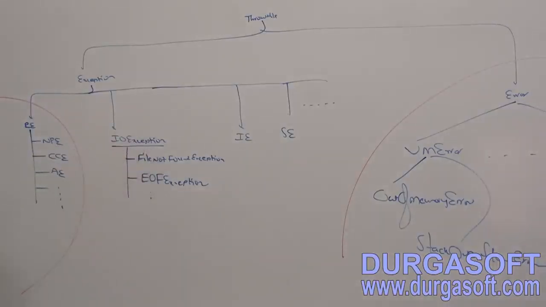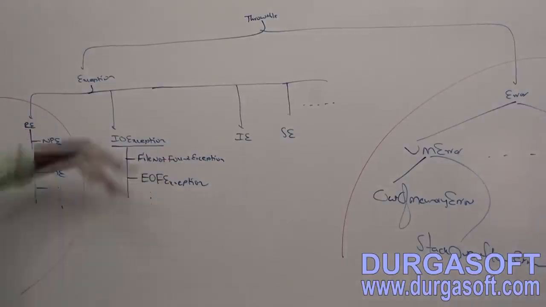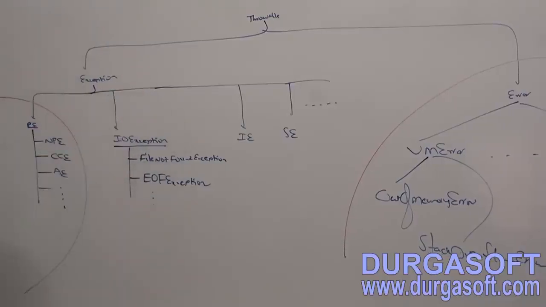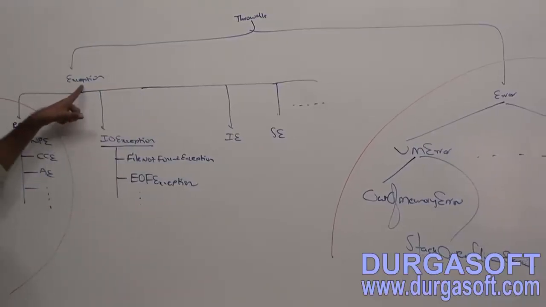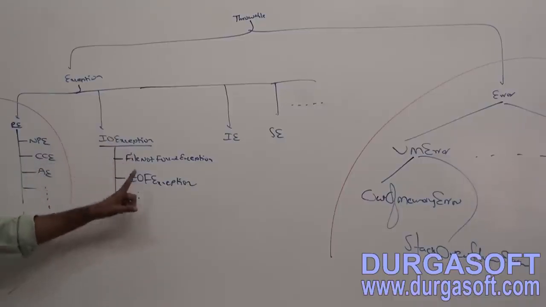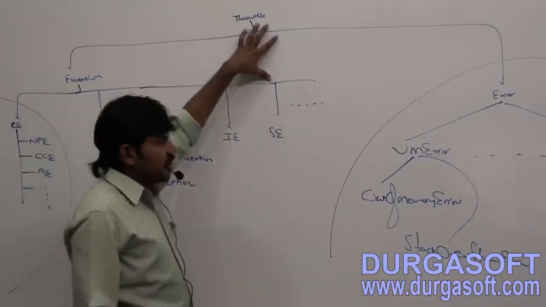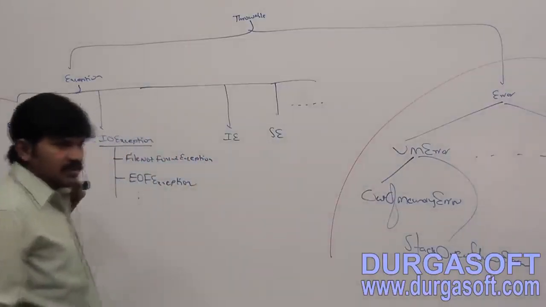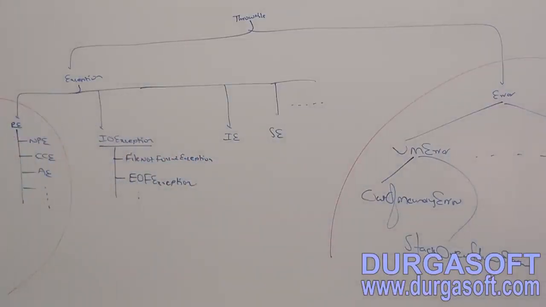Now can you tell if Throwable is checked or not? Except these, the remaining are checked. Throwable, checked. Exception, checked. IOException, checked. FileNotFoundException, checked. All these are checked except the others. ArithmeticException, checked or unchecked? Unchecked.